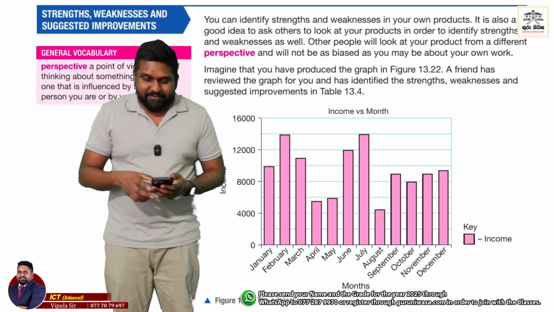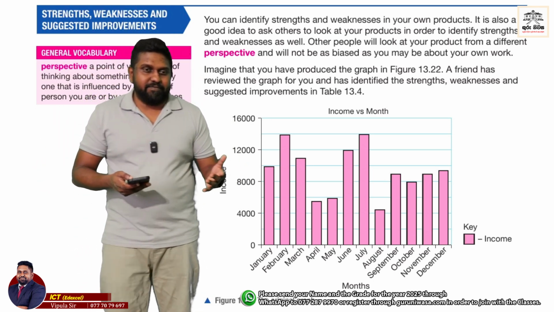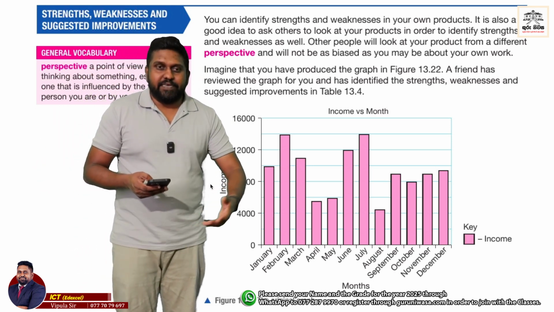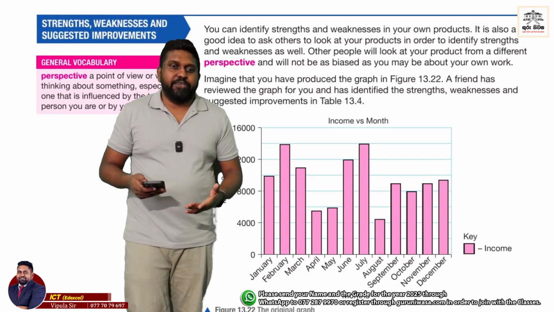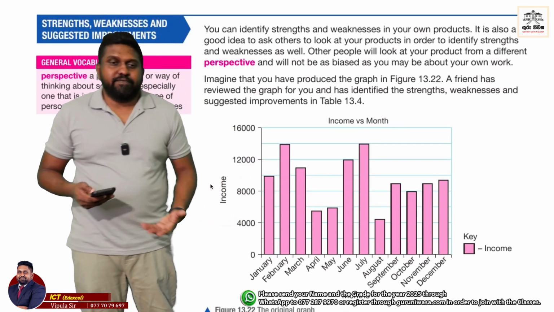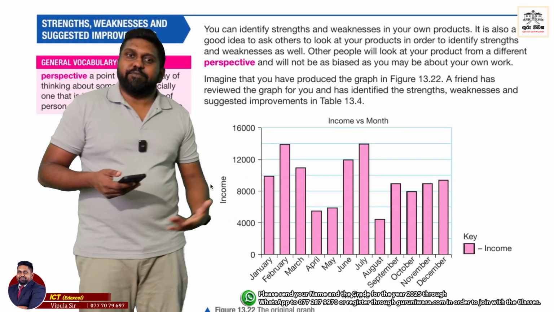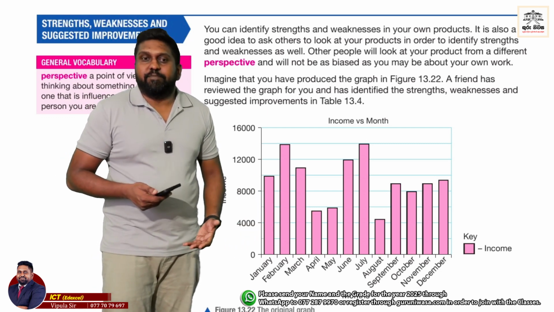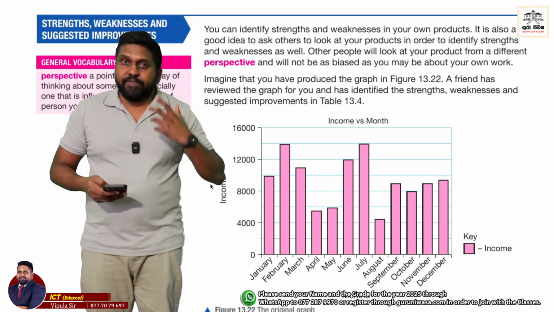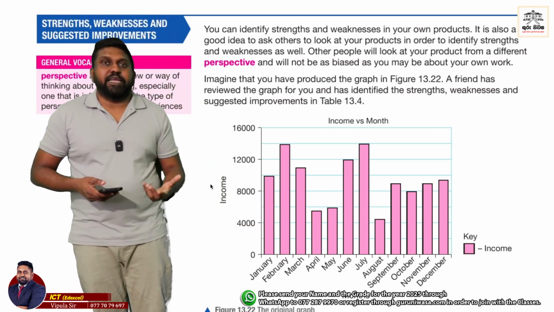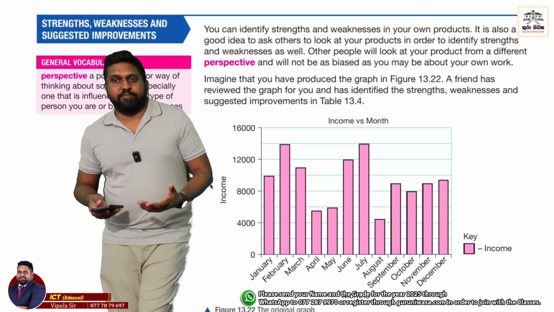Okay, now I hope both of you have a clear idea about what this is, right? Once an application is done, you need to have the strengths and weaknesses validated by someone else, especially a third party, because only then can you improve it.